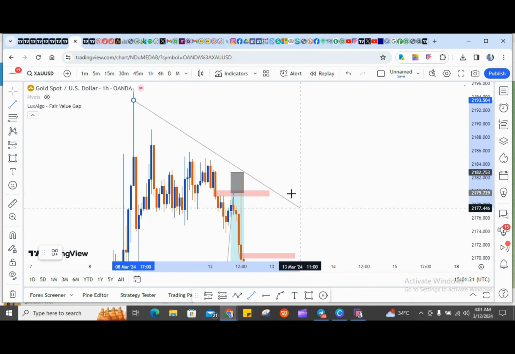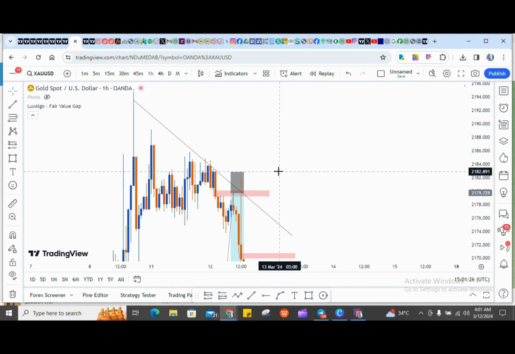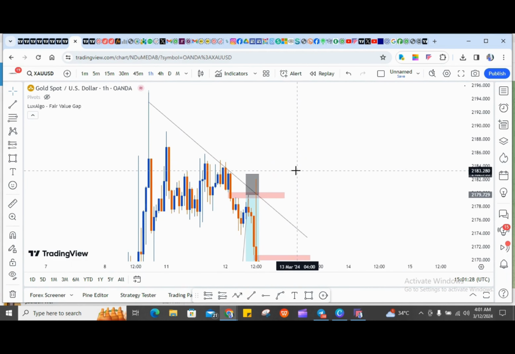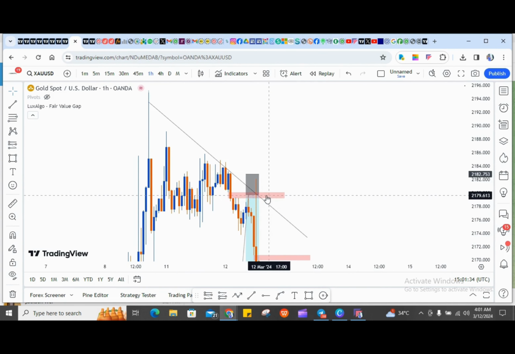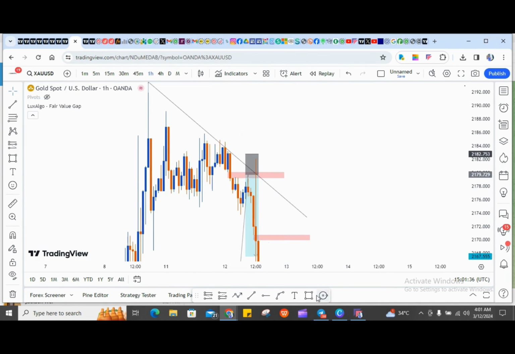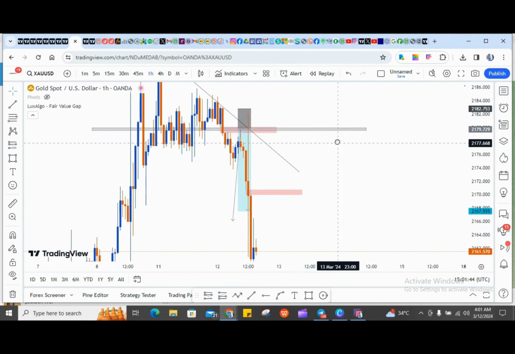Then it's already showing us that on a 1 hour time frame, this is a bearish trend. Then you switch on your fair value gap, as you can see here. Then what you just need to do is as simple as ABCD. This is your entry point, in between the fair value gap, just anywhere around the fair value gap.